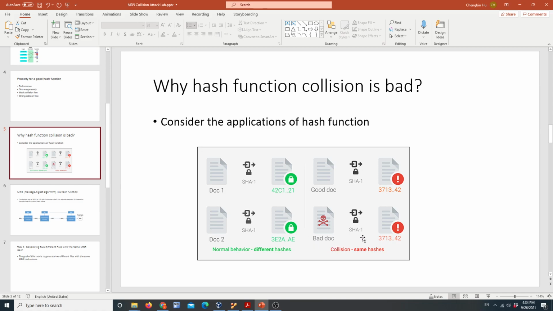If the bad document has the same hash value as that good document, Bob will not know this document has been changed and may still trust the bad document. This will cause some serious problems, such as Bob may be affected by the malware or may open privileges to the attacker since he received a false signature.